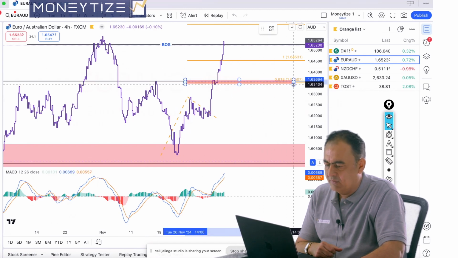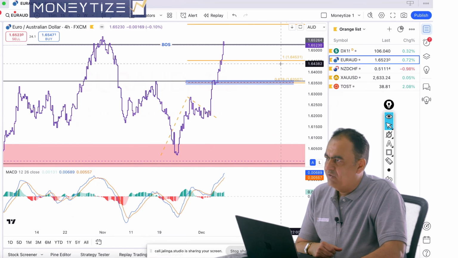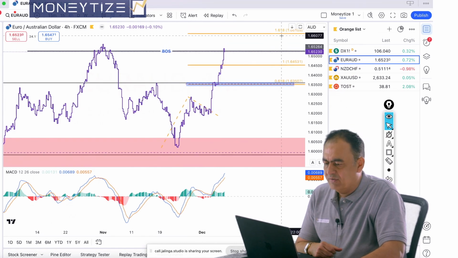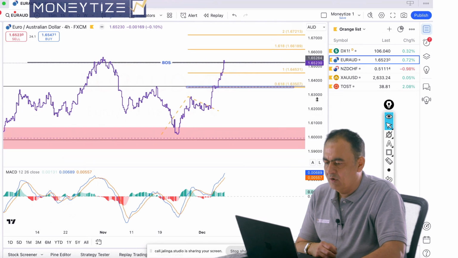So this will serve as a strong support now. It has already crossed above Fib extension 100%, and the next destination is 1.618. So the target in terms of price level is 1.6618, followed by 1.6721. Currently we are at 1.6523.